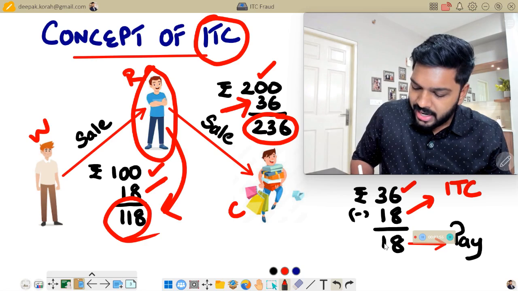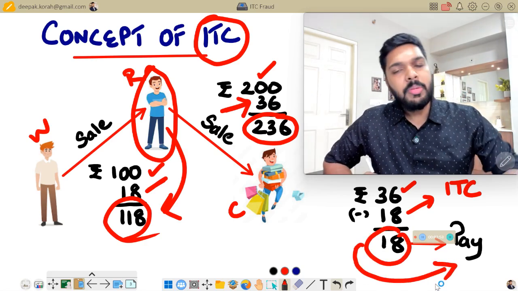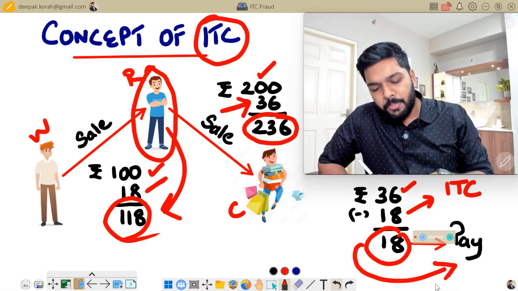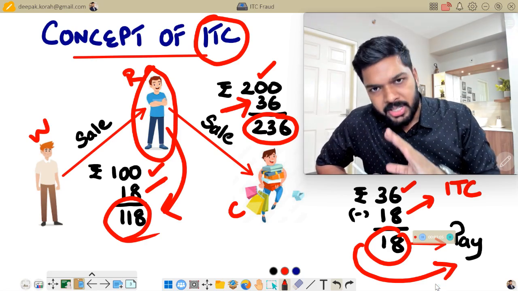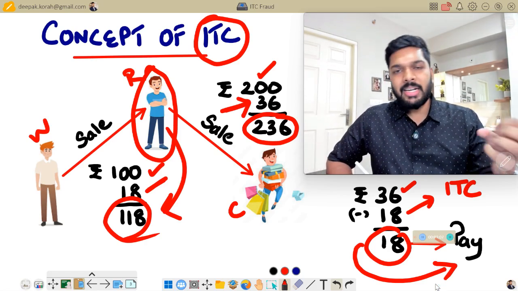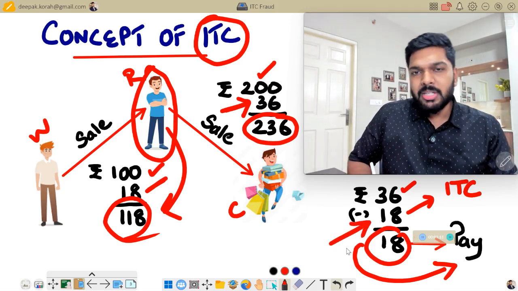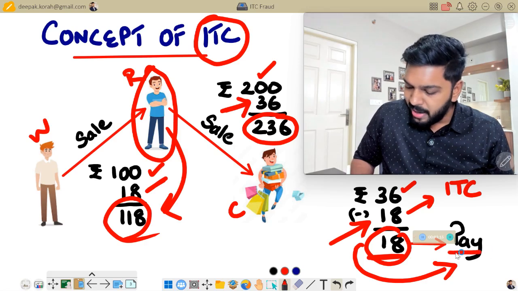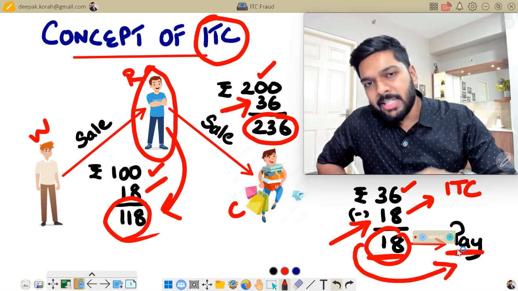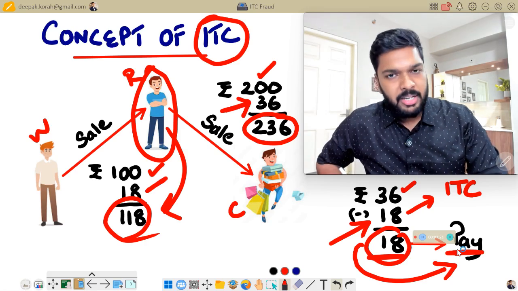So 36 minus 18, net amount it has to pay to the government is only rupees 18 and not rupees 36. Therefore, a recipient, once the recipient purchases, it will have to pay purchase tax, it gets the services or goods, will want more ITC to be utilized because the net amount of tax final that is payable to the government becomes less. So more ITC, lesser is the amount of tax that is payable to the GST department.